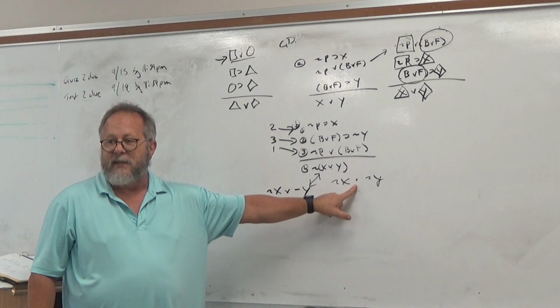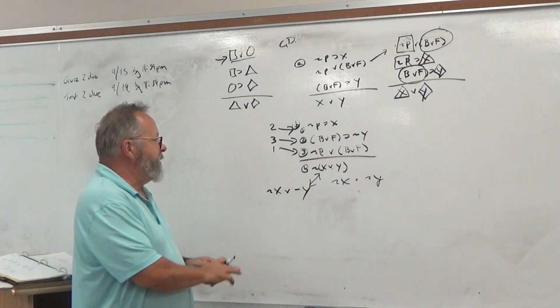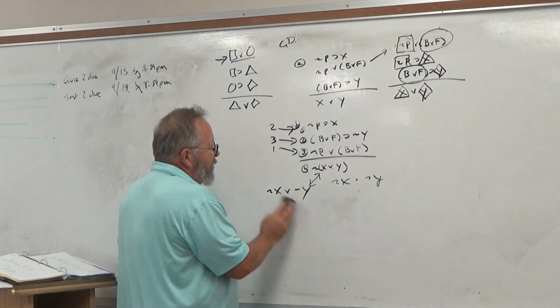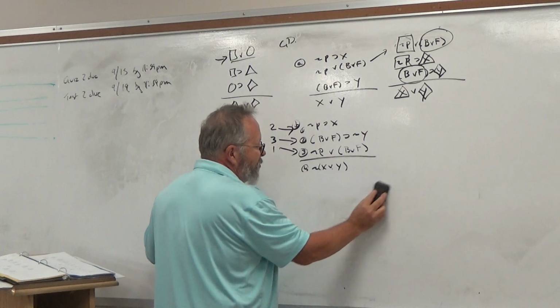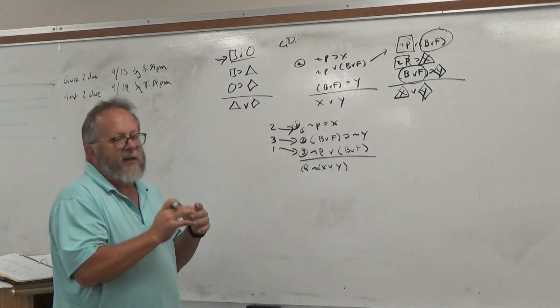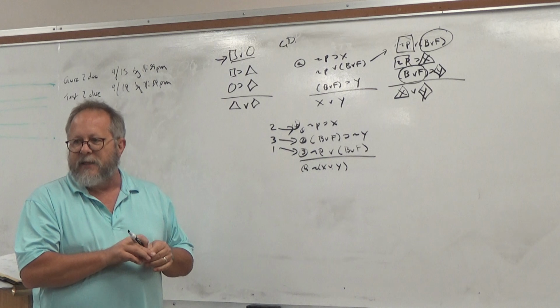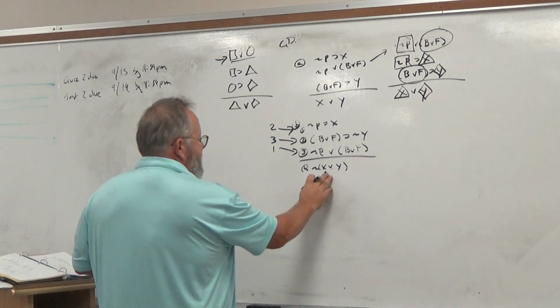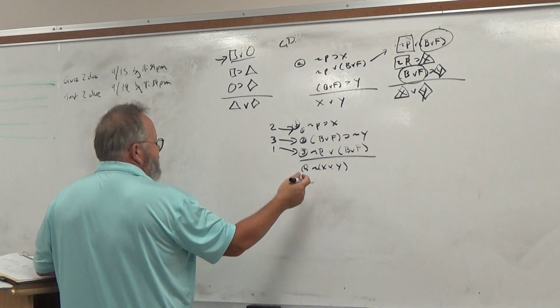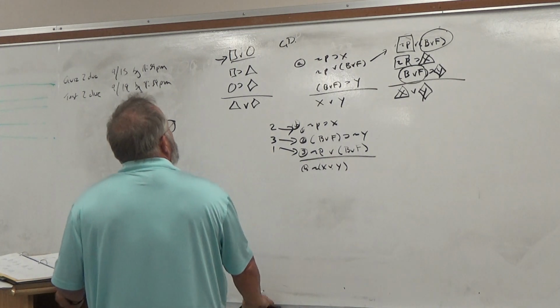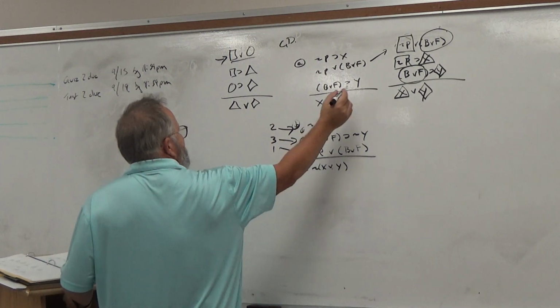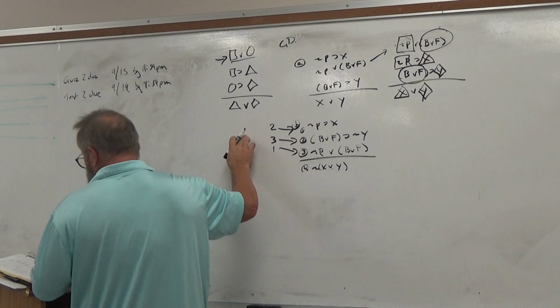Does everybody understand that? Okay. So one thing to remember, you cannot push negations through parentheses, not in a simple way. Does everybody understand that? Okay. So that is not the same as not X or not Y. Okay, so which one was this? Was this part B or part C?